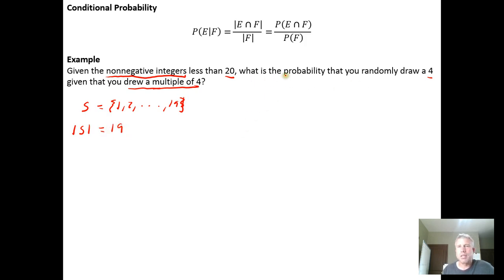We're interested in the event that we draw a 4 from that sample space. So we're interested in the event draw a 4, and that just looks like this. There's only one 4 in that sample space. And we have another event that we drew a multiple of 4.